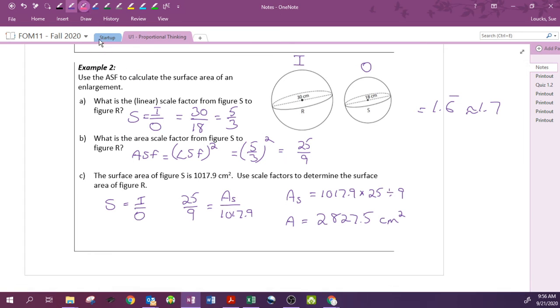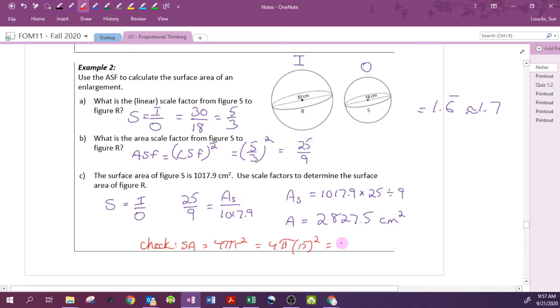Okay, and I'm just going to check that the surface area of a sphere is 4 pi r squared. So it should be 4 pi times the radius squared, and the radius is 15, right? The radius is half of the diameter.